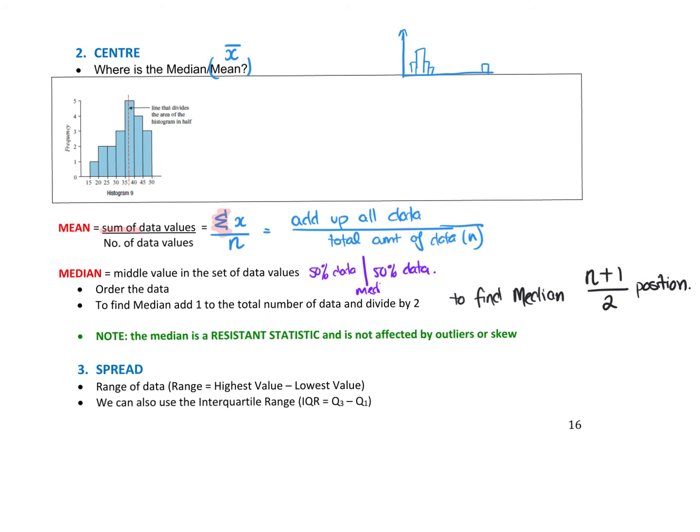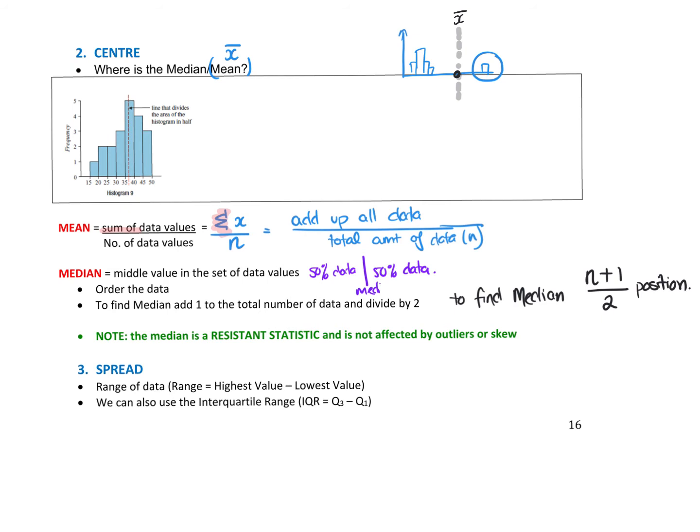When we add up all the data, this big value up here will make my mean go higher. So when we average it out, we might see that the mean is actually this value here, which is not high.